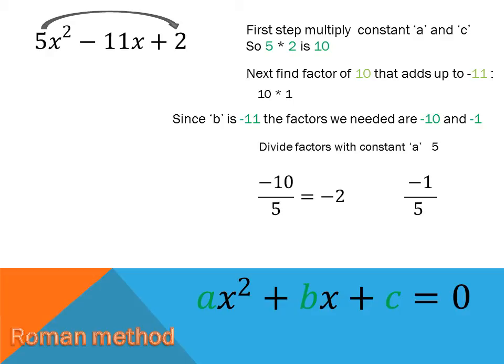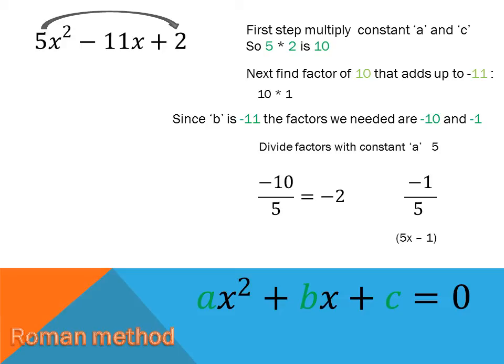So one of our factors, negative 10 divided by 5, which is negative 10 over 5, equals negative 2. With the negative 1, you divide that by 5, but negative 1 over 5 is the simplest form there is. So we'll use those fractions as our factors.